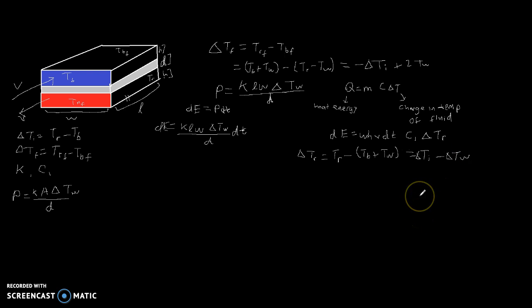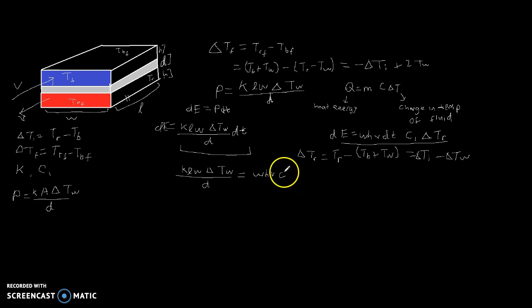So at this point, we can simply equate both sides. We can set this quantity equal to this over here. And we can divide out the dt's. So without the dt's, it would look something like this. K L W delta TW over D times W H V C1.